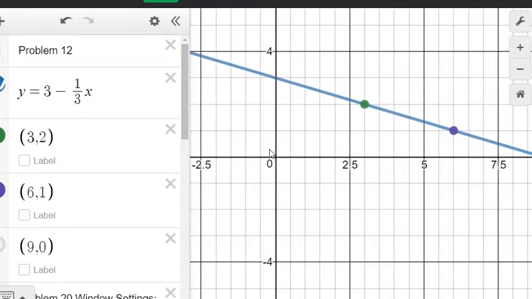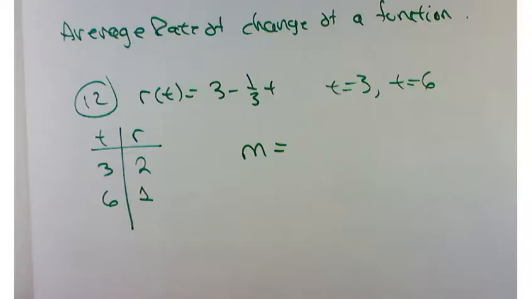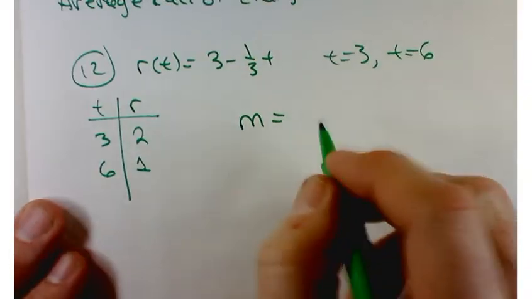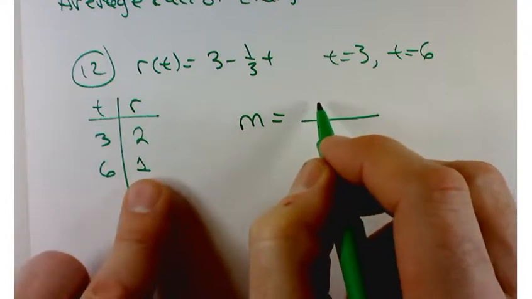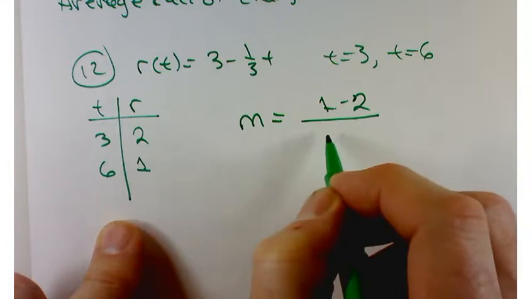Let me kind of zoom in. There you go. So you can kind of play around and figure that out. Let's do it over here. So the slope of the line is going to be 1 minus 2 over 6 minus 3.